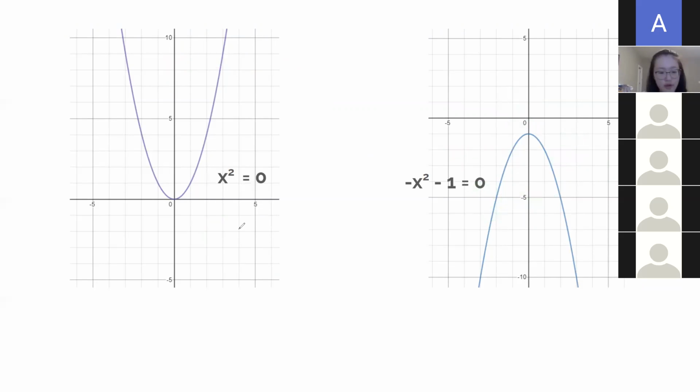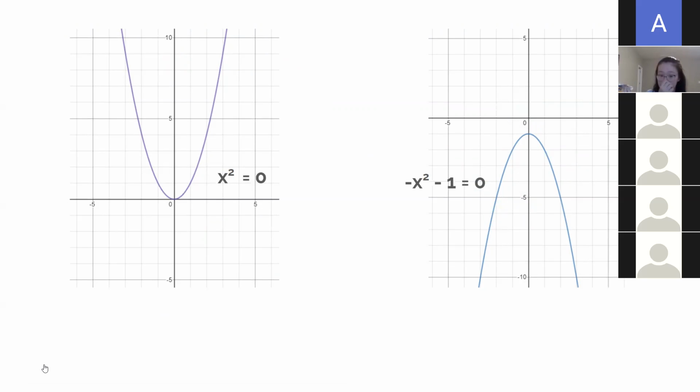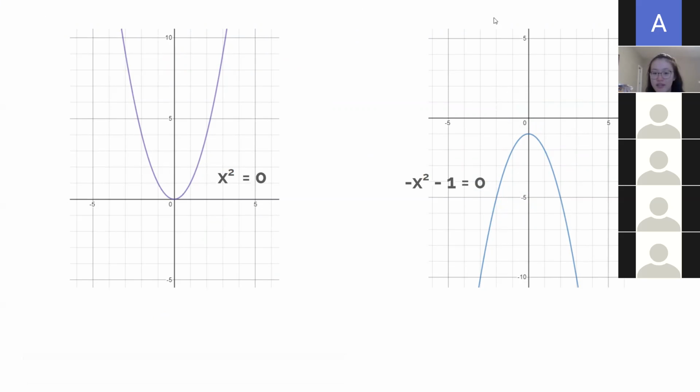Okay, so for these equations, I want you guys to tell me what the vertexes are. It shouldn't be too hard since you're just looking at the graph. Good.